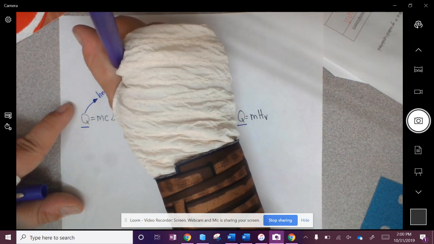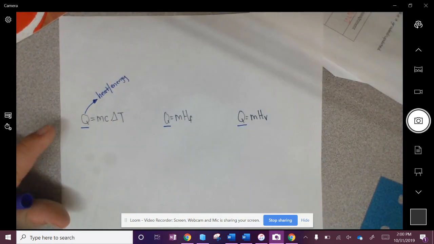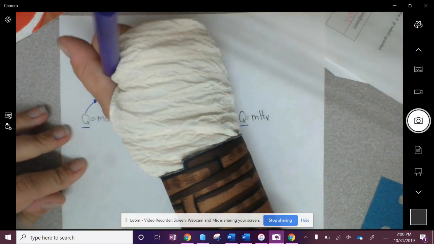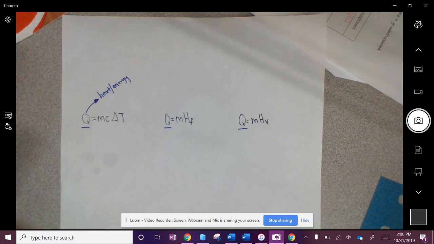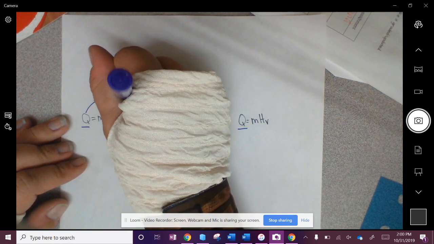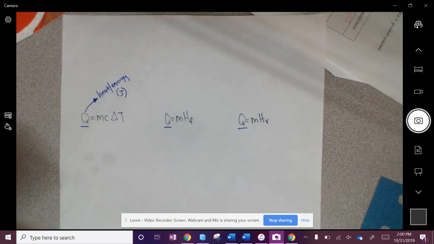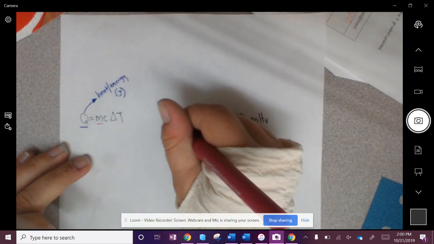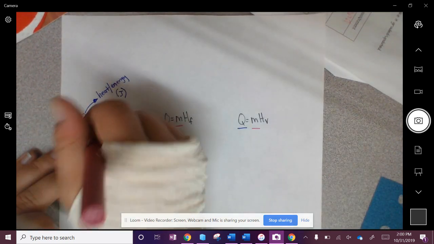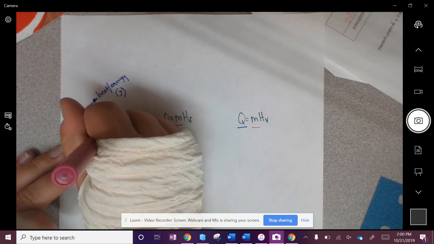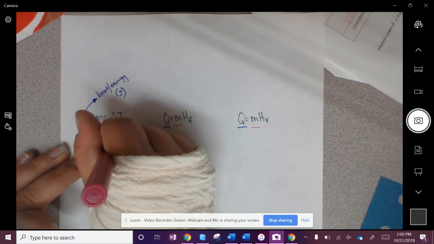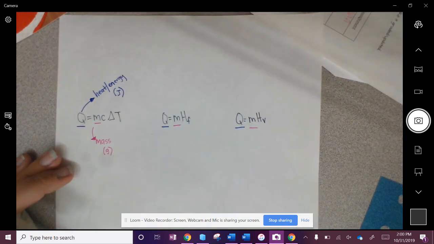So anytime you see the words energy or heat, we know that it's going to be our Q. And the units for Q are joules, which is a capital J. The next variable that we have there is mass, M. So M stands for the mass. And the units for mass, hopefully you know, are grams.